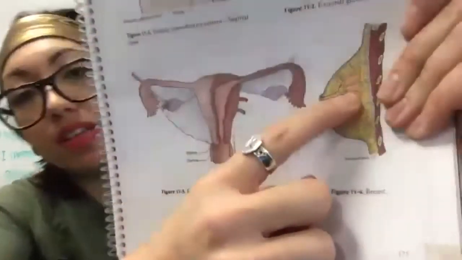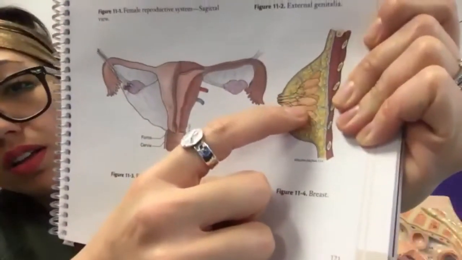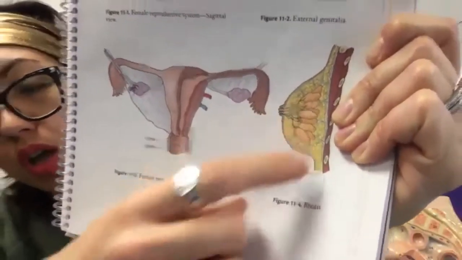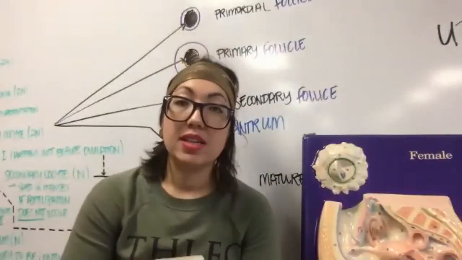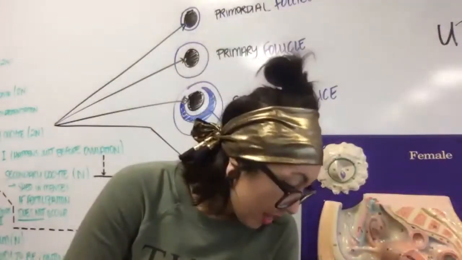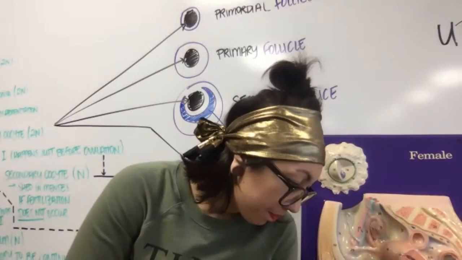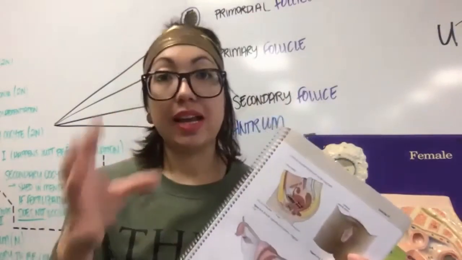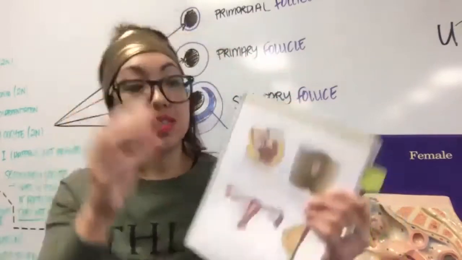So these little ducts right here, those tiny little purple ones that are attached to the lobes, those are the lactiferous ducts. And then your next term is sinus. That passageway will connect the lobe to the sinus.